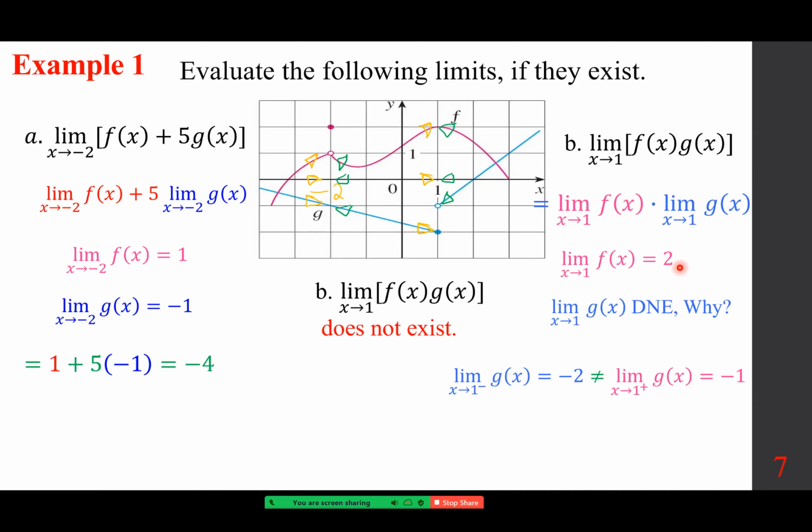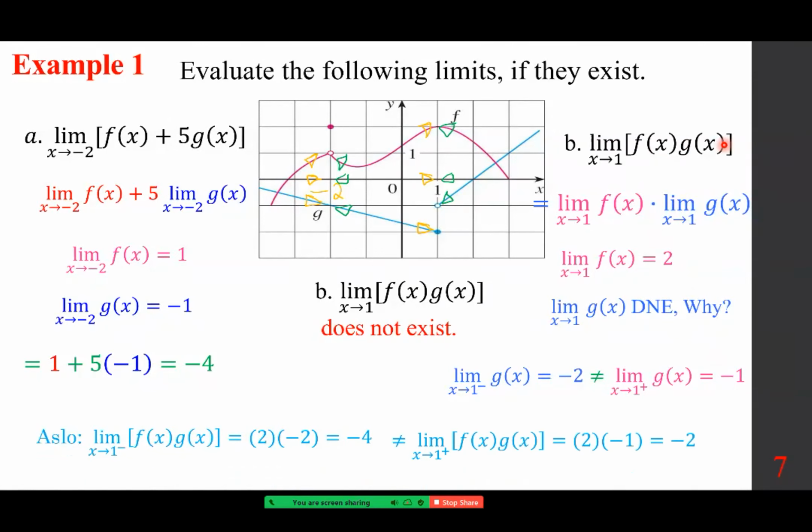The way it works from the left or right for this one makes no difference. The answer is 2. But this one from the left is -2. Their product is -4. This one from the right also is 2, but from the right here is -1. Their product is -2. So this is the limit from the left for this product, and this is the limit from the right. They are not identical, and therefore the limit does not exist.